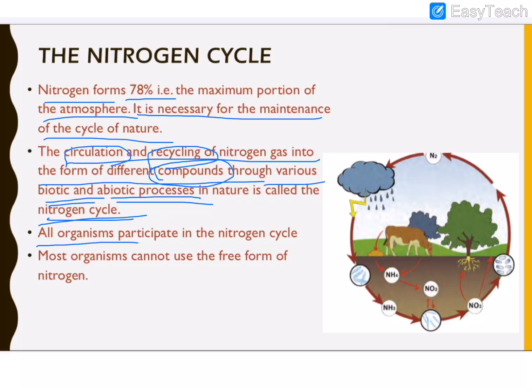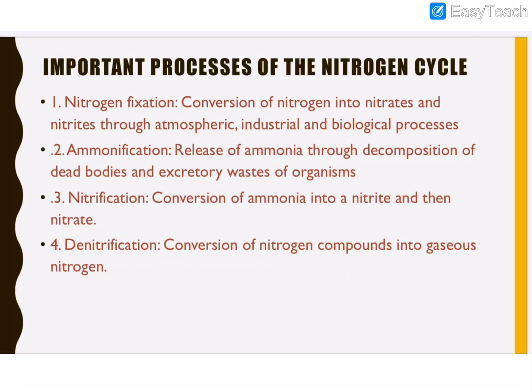All organisms participate in the nitrogen cycle, and most organisms cannot use the free form of nitrogen. The nitrogen present in the atmosphere, free nitrogen N2, cannot be consumed by animals and organisms directly.